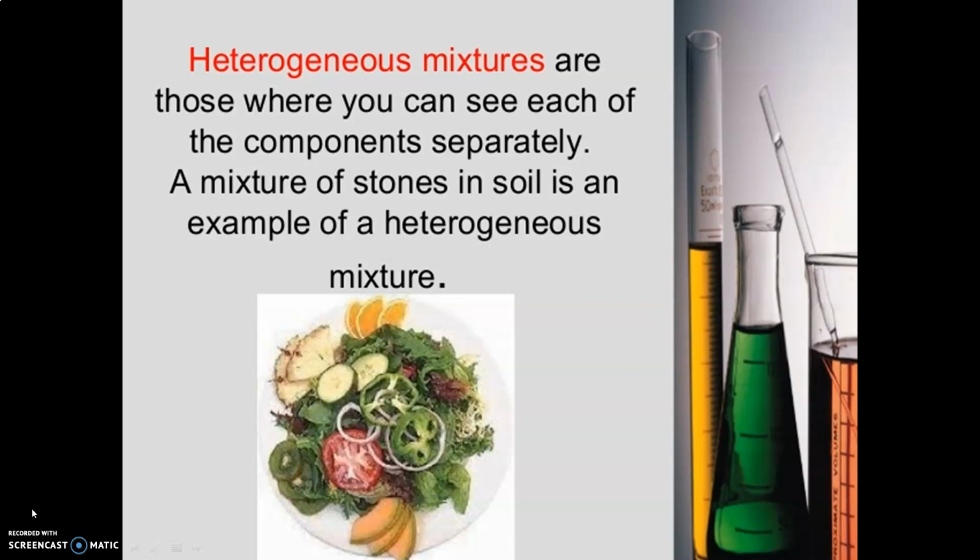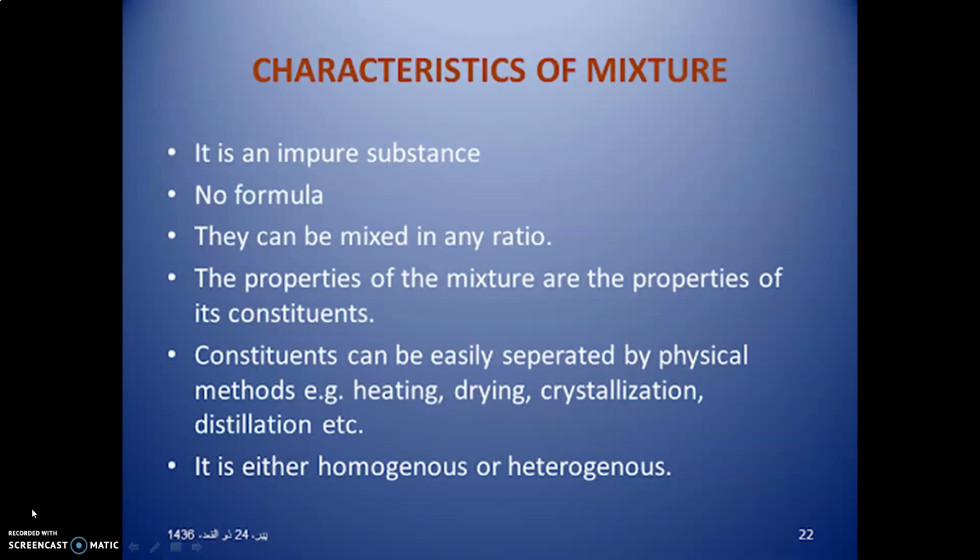So these type of mixtures are termed as heterogeneous mixture, and in the language of chemistry, you can classify them as mixture of water and petrol, oil and water. You can make out, okay, the upper layer, that is slippery and very oily, that's oil, and below is water. Such type of mixtures are heterogeneous mixture.